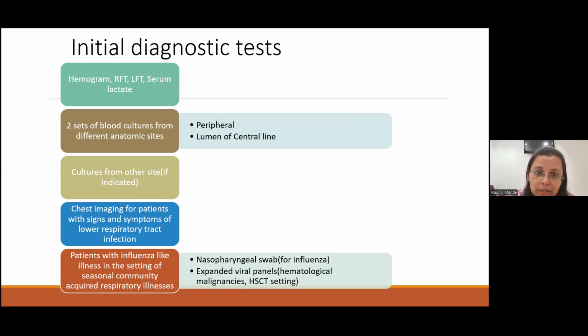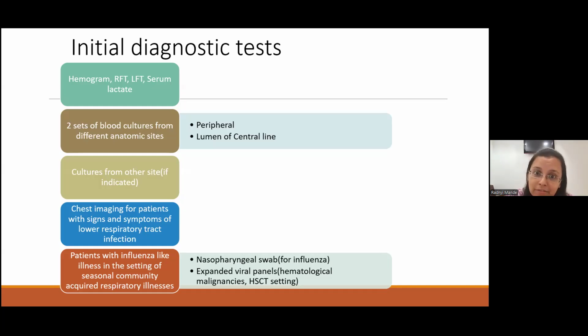But the recent recommendations of 2023 do not strongly recommend sending paired cultures, because peripheral pricks in children unnecessarily cause pain, and they can even isolate skin contaminants. The chance of the peripheral culture coming positive while the central line culture comes negative is hardly 10%, not very high.